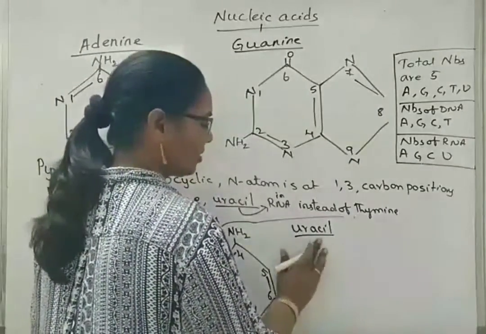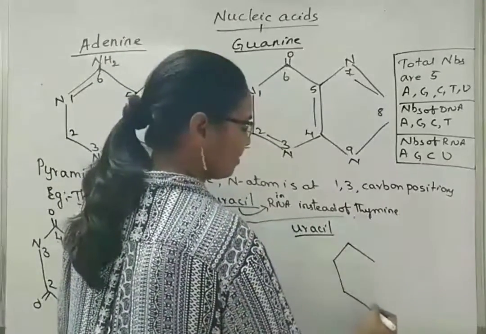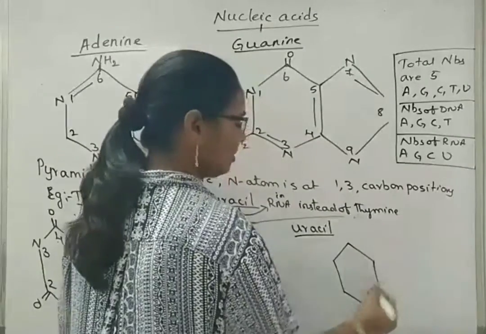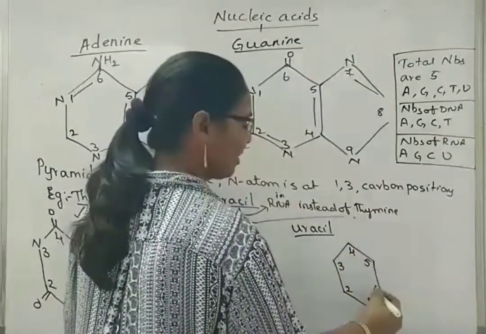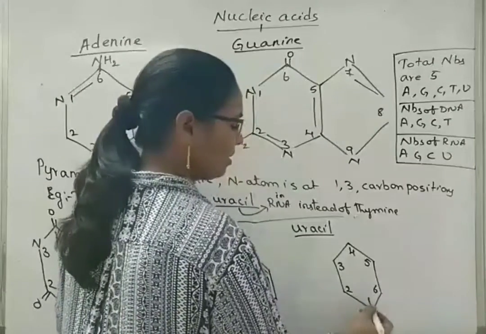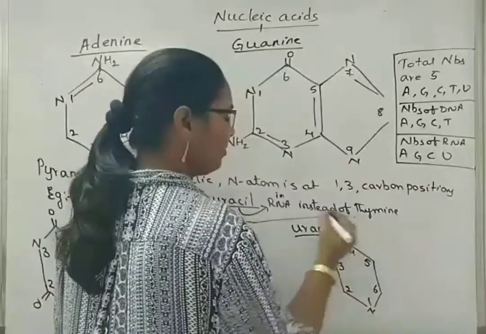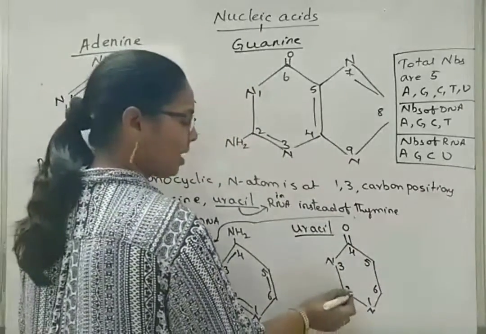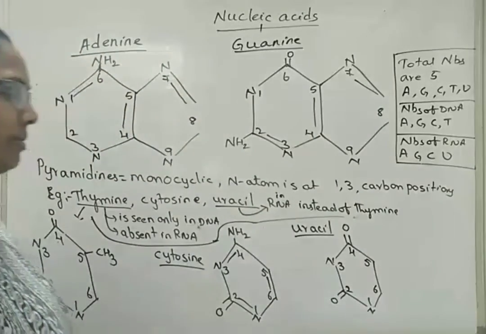So its structure is again benzene ring, carbon positions 1, 2, 3, 4, 5, 6. Nitrogen atom, pure nitrogen atom. It is having one ketone group at fourth carbon position, another ketone group at second carbon position.